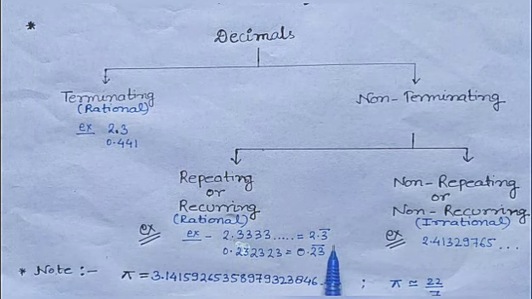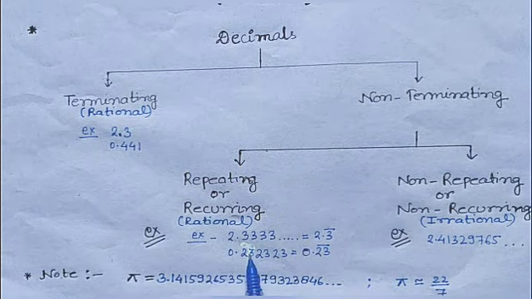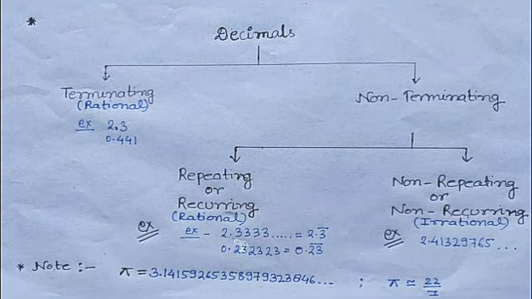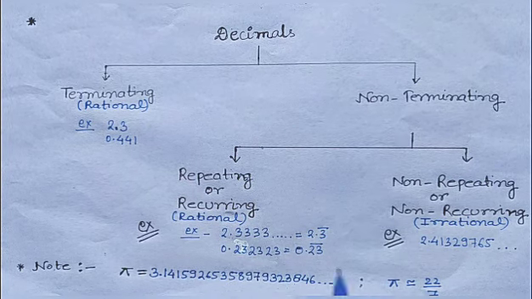The number or the block which is getting repeated, you can represent it like this, 2.3 bar. Here 0.232323, the block 23 is getting repeated, so you can write 0.23 bar. So this is the repeating or recurring type of non-terminating.